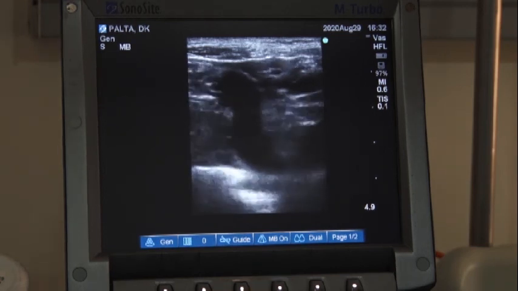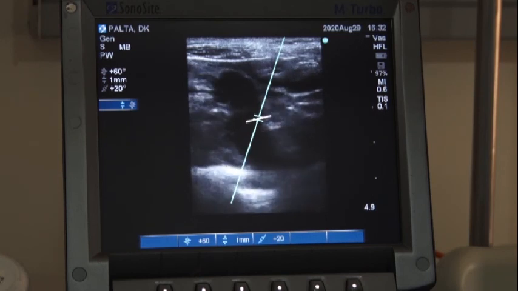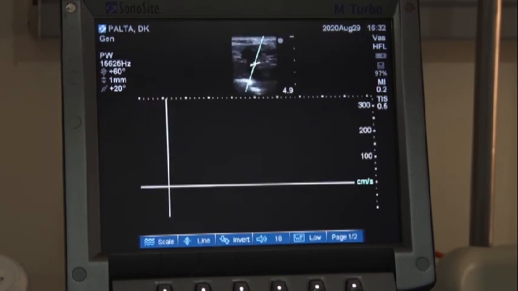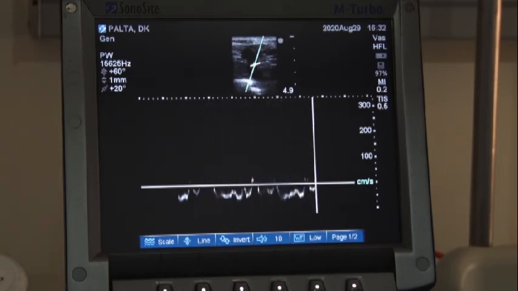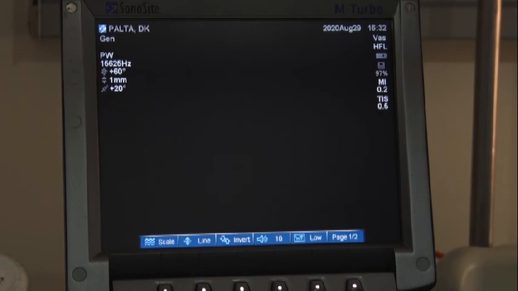So it's widely patent. You can take the peak systolic velocity. There are respiratory variations, so that means the superior vena cava is patent and it's continuous with the right atrium. There is no obstruction.